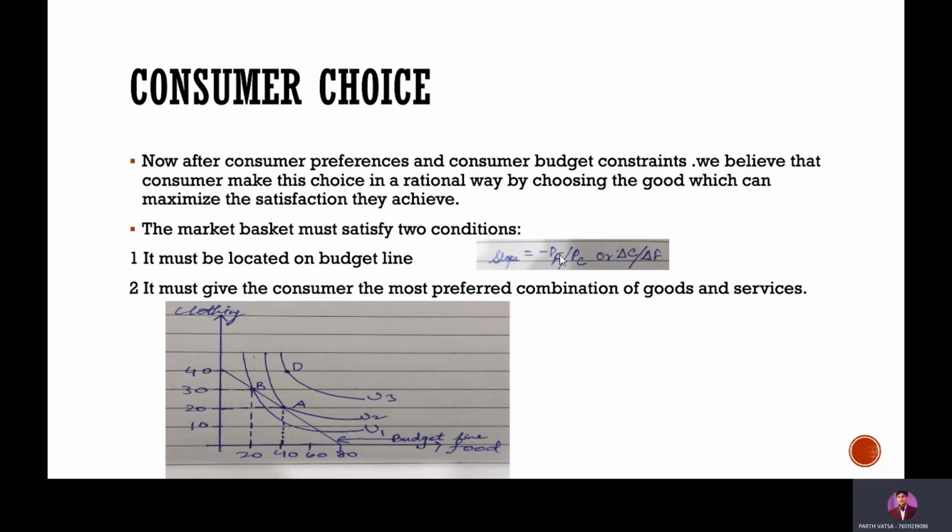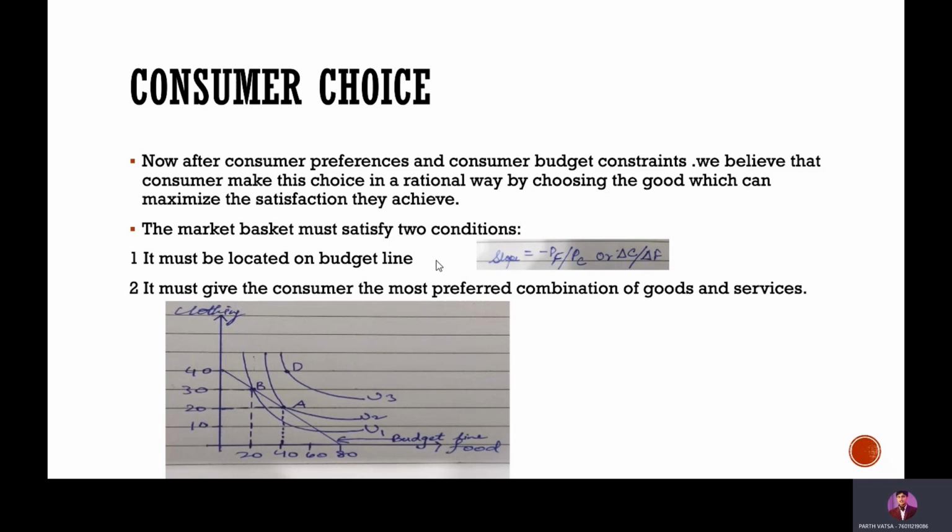Okay, so as you know, previously we took the price of food, I guess, to be 50 and the price of clothing to be 100. So here our slope would be minus 1 by 2, and as you can see, the MRS, which we would be doing in the next slide and in this video only, has to be equal to the slope of the budget line.